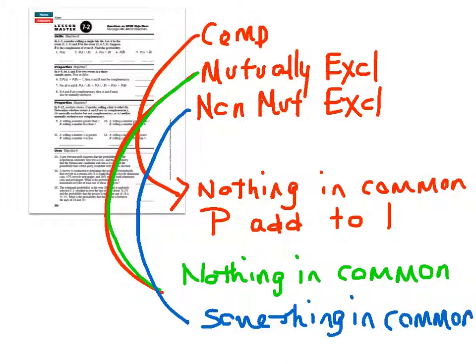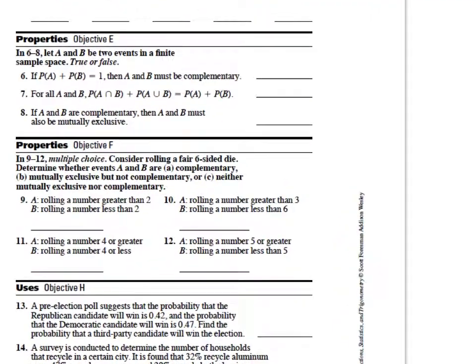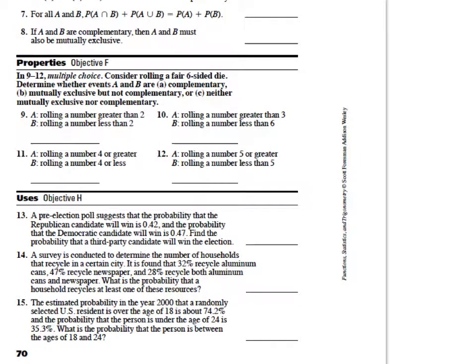I want to go over the 7.2 worksheet again, even though we already did once. Just one more time, run through it. So let's take a look at this. Nine and 10, you're supposed to say whether they're complementary, mutually exclusive but not complementary, or neither.